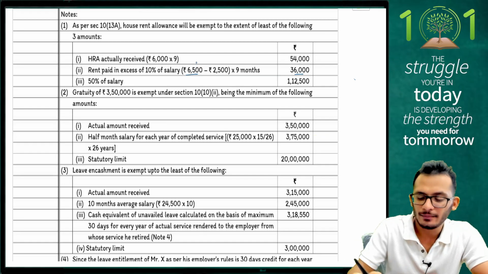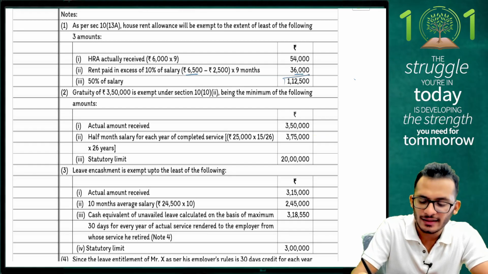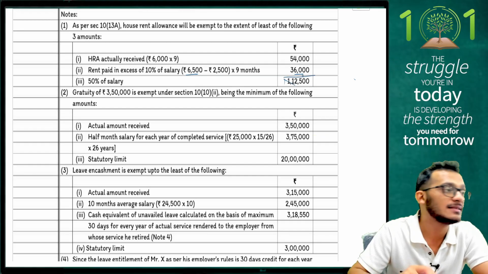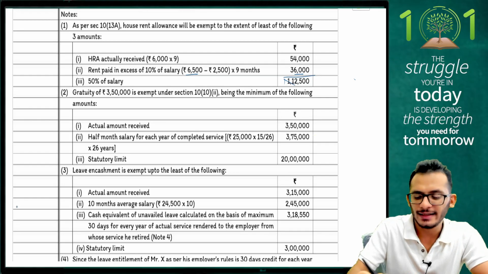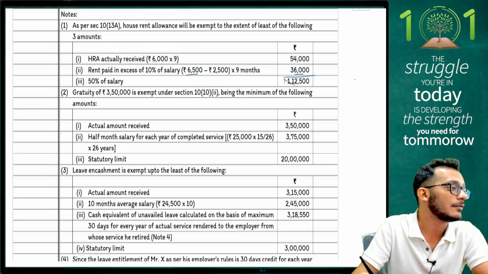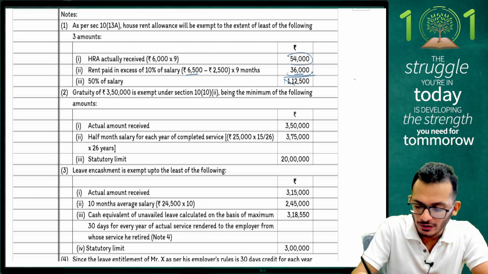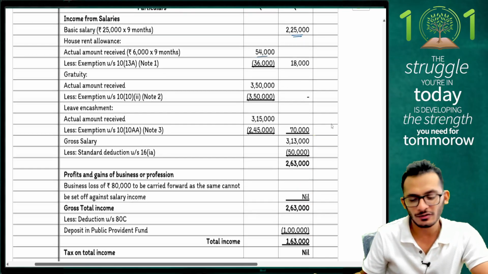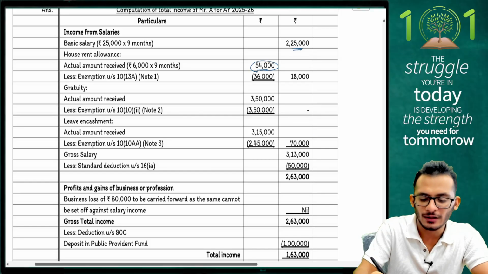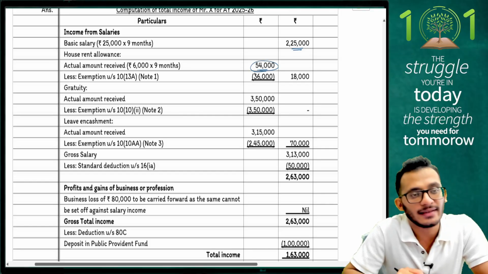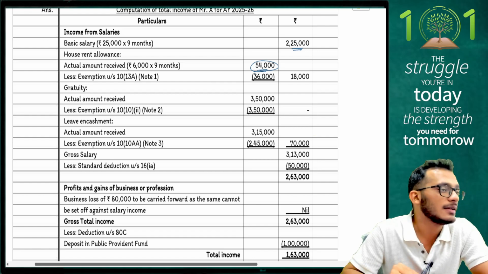Third is 50% of your basic pay. Therefore we take the least of the 3, being 36,000. I received a total HRA of 54,000, least of the 3 being 36,000, so I get the answer as 18,000. But notice it is only for 9 months.